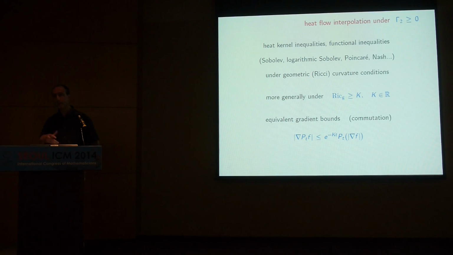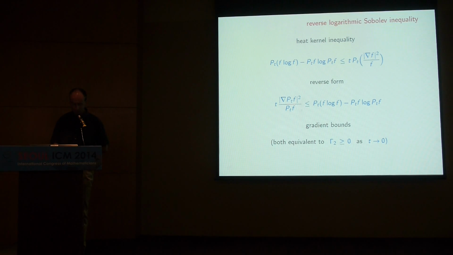So that's the basic spirit, this basic example, on which we see how the heat flow interpolation arguments develop and how they are connected with the underlying geometry of the space on which you are looking for heat kernel inequalities. Now let's go one step further in this proof.